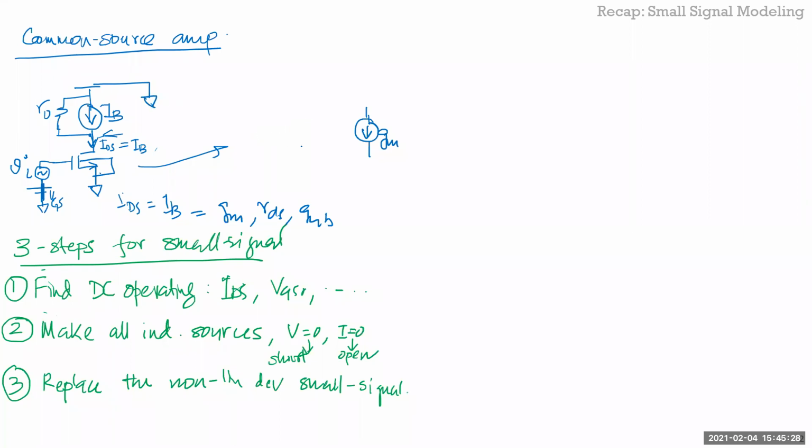So this is GM VI, because VGS is VI. And by the way, this is called common source because the common point to both your input and output is the source terminal, right? Because the source is ground here. So your input is with reference to ground, which is with reference to source. Your output is with reference to ground, which is the source. So that's why it's called common source, right?